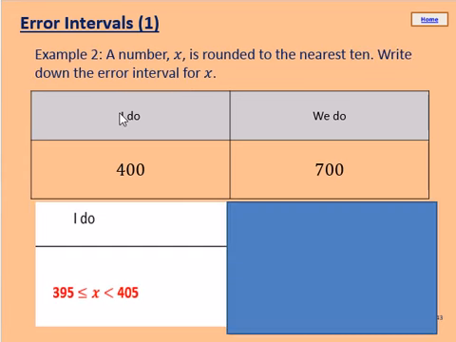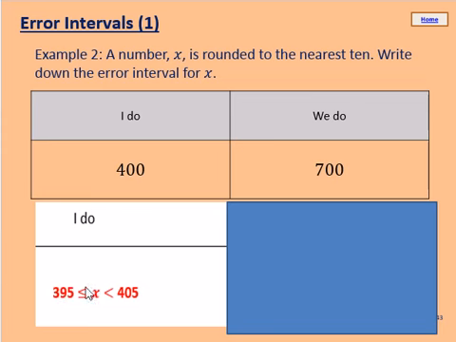Okay, so a number x is rounded to the nearest 10 this time, and it's equal to 400. It rounded to the nearest 10. So let's think what numbers it could have been. So 395 is the lowest number that to the nearest 10 would round up to 400. And that's including 395. So 395 is going to be our lower bound.